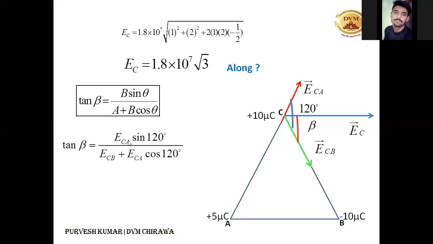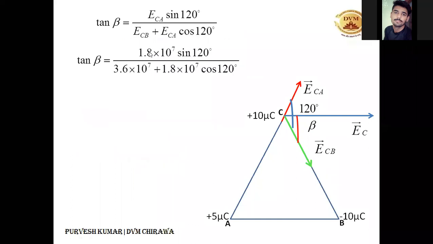So in place of ECA, I can be writing 1.8 into 10 to the power 7. In place of ECB, I can be writing 3.6 into 10 to the power 7. And again, in place of this ECA, 1.8 into 10 to the power 7. Cos 120 is minus half and sin 120 is root 3 by 2.